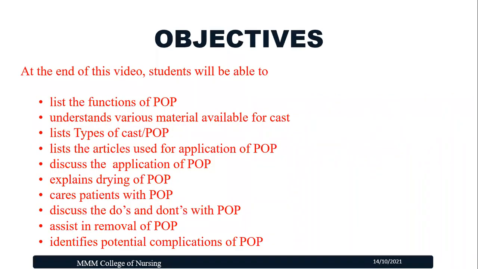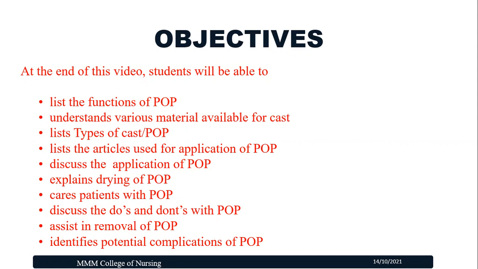The main objectives of this video: at the end of this video, students will be able to list the functions of POP, understand various materials available for application of the cast or POP, list different types of cast or POP based on the body part that it is being applied, list the articles used for application of POP, and discuss the application of POP, explain the process of drying POP, and care for patients with POP.